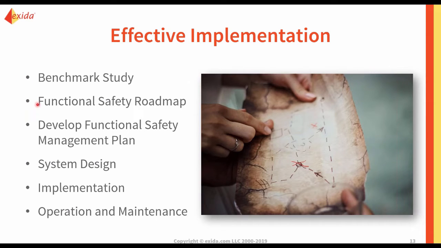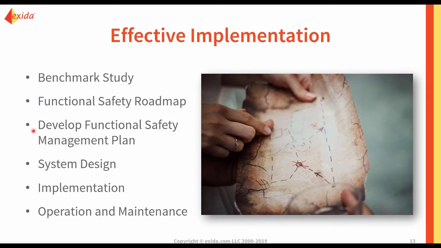From the results of that benchmark, we can develop a functional safety roadmap. And so, if we think of it as our treasure map, it's figuring out what needs to be done to then reach that idea of your overall facility risk management, meet your tolerable risk criteria, ensuring that you have the different pieces in place to do that.